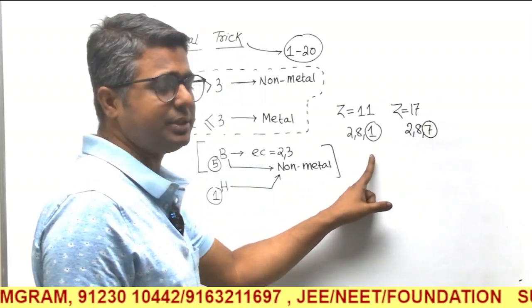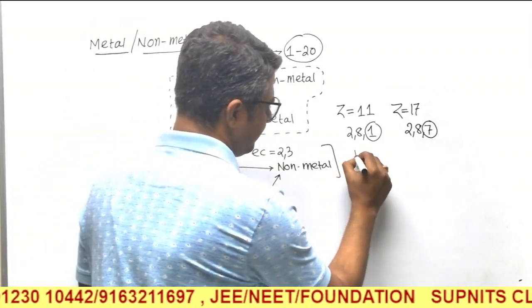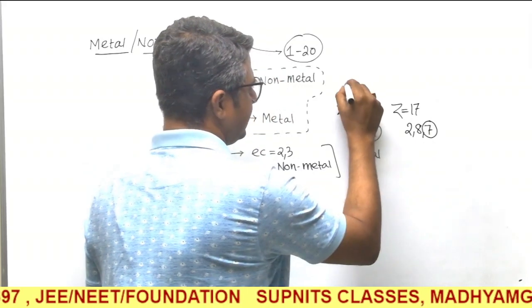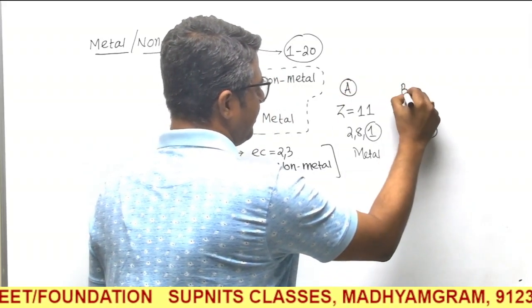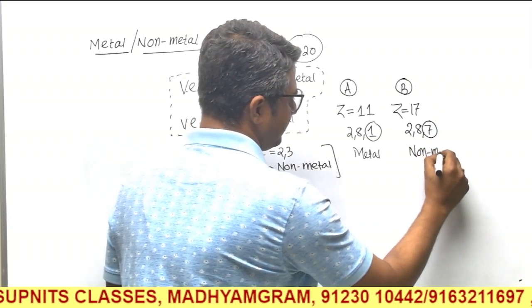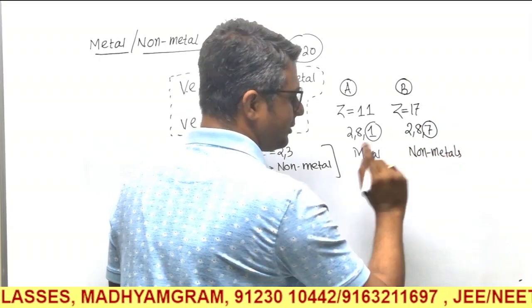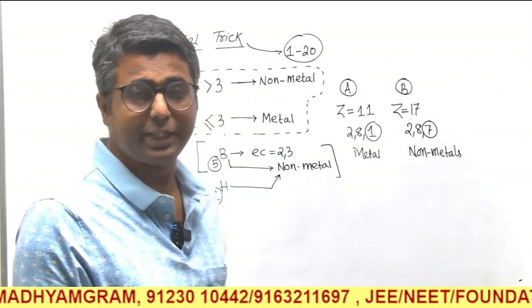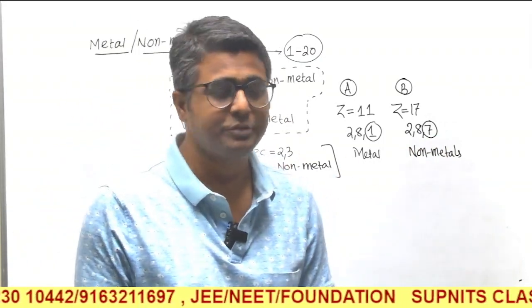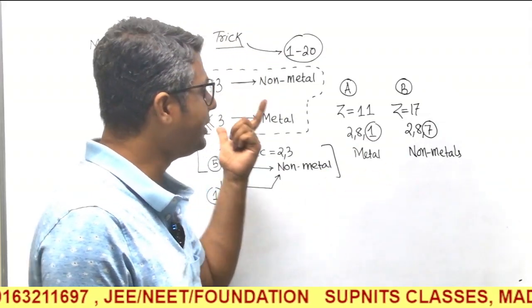Valence electron 1 means it should be metal. Suppose this is element A and this is element B, and this is non-metal. 2 marks, done. This is a very important question, many times asked in examinations, which of these is metal and which is non-metal. You can easily find out by this trick.